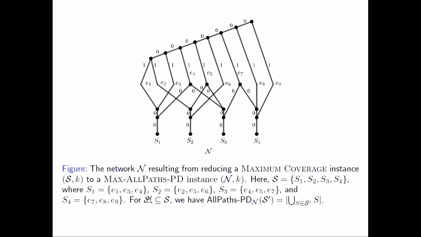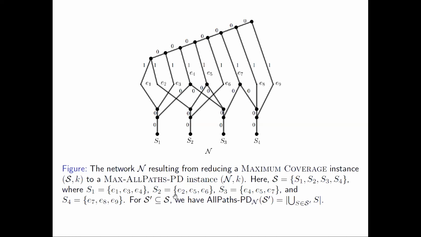And now if you consider any subset of the leaves, so let's, for instance, look at S1 and S2, then by the way we chose those edge lengths, it turns out that the all-path PD score of S prime is exactly the cardinality of the elements that we cover in this union. For instance, for S1 and S2, we would cover E1, E3, E4, E2, E5, E6.